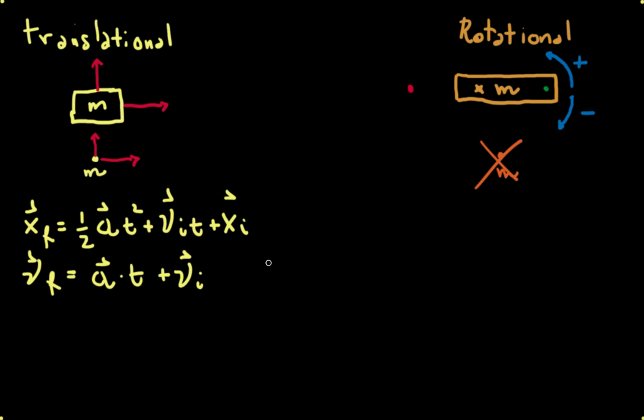This is all you need to describe motion. However, if the object is also allowed to rotate, this cannot tackle that additional degree of freedom.